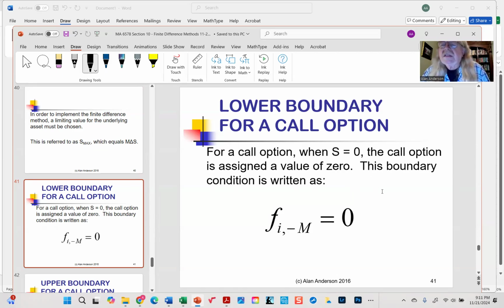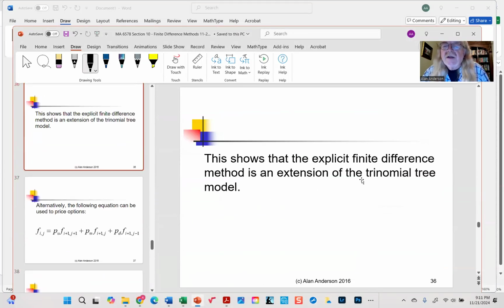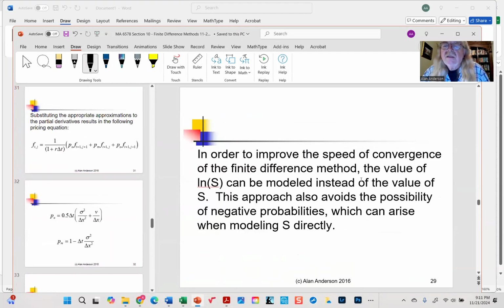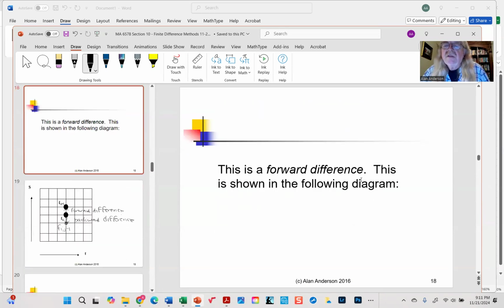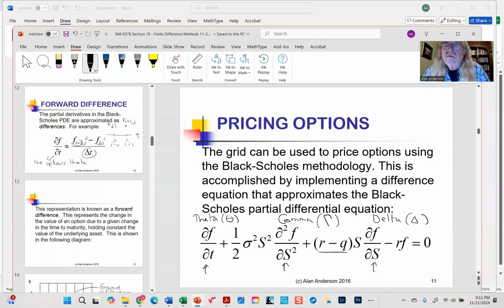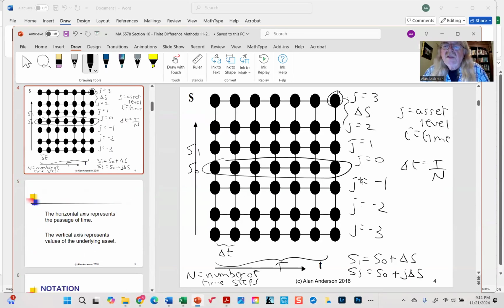So in other words, it's this capital M that we're thinking about now. Let's go back to that original graph. Here, I guess I didn't write it down, but M is 3, because that is how many steps up we're allowed to go and how many down.